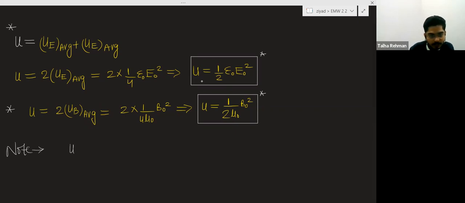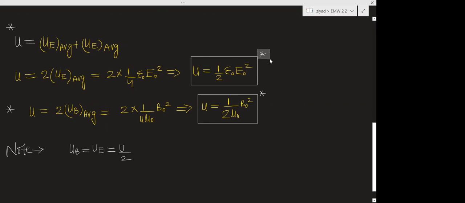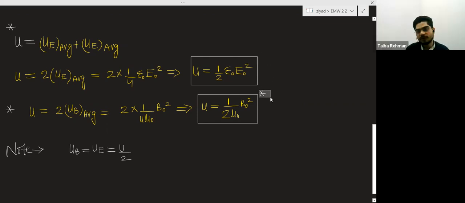Energy density of the magnetic field is equal to energy density of the electric field is equal to half of the total energy density. And remember the formula of the total energy density. If someone is asking the electrical energy density, then 1 by 2 of the total energy.